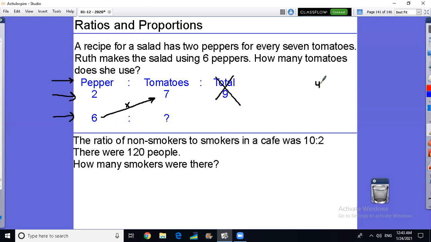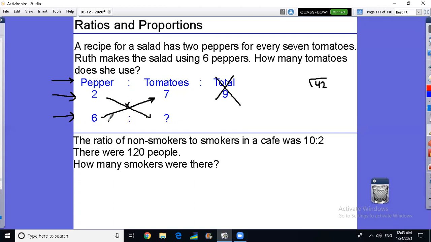Then you divide by the other number, the number that I haven't used so far. Not the 9, because we agreed to ignore that column. The only number I haven't used is the 2, so 42 divided by 2.